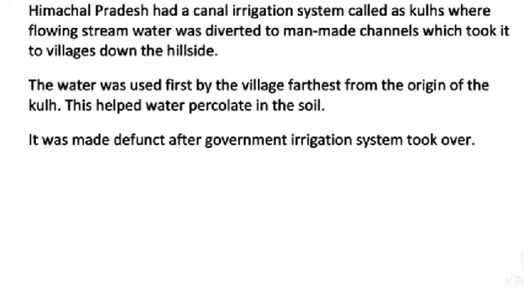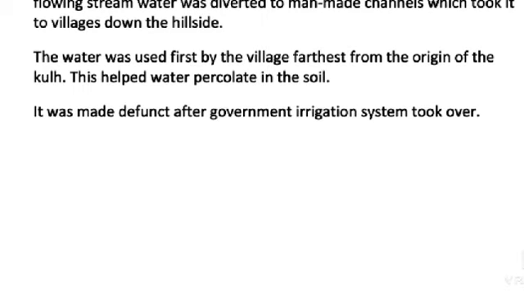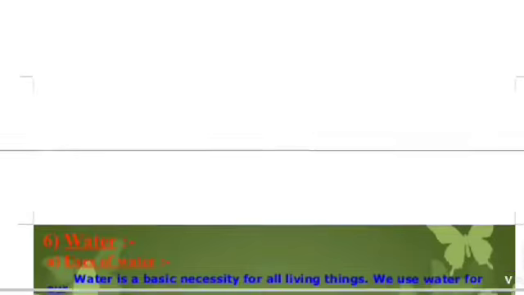The water was used first by the village farthest from the origin of the kulh. This helped water percolate into the soil. It was defunct after the government irrigation system took over.